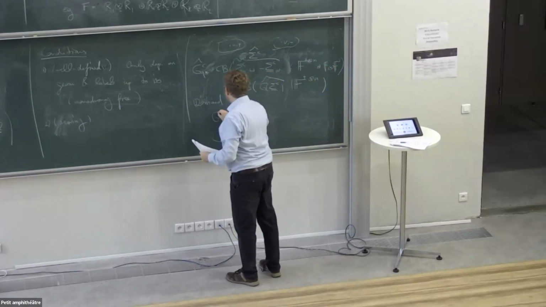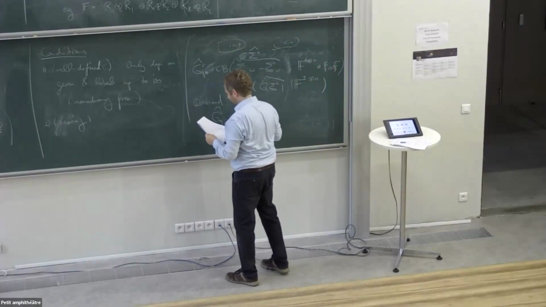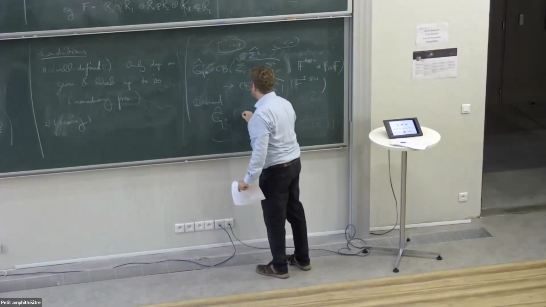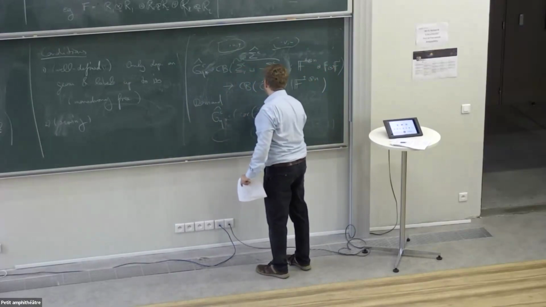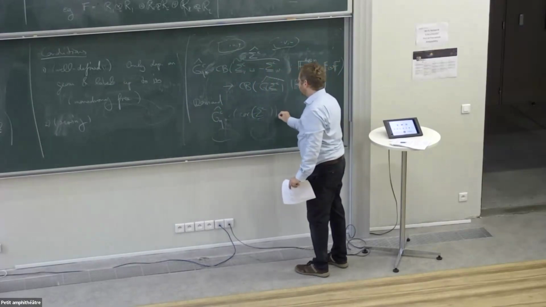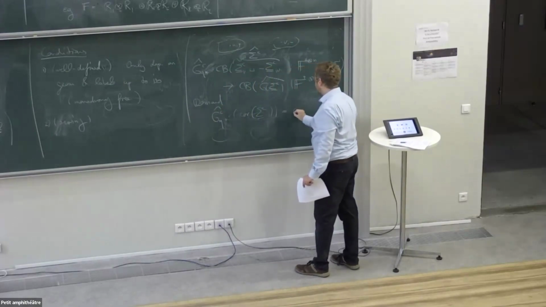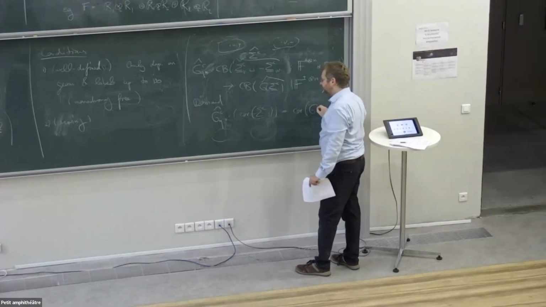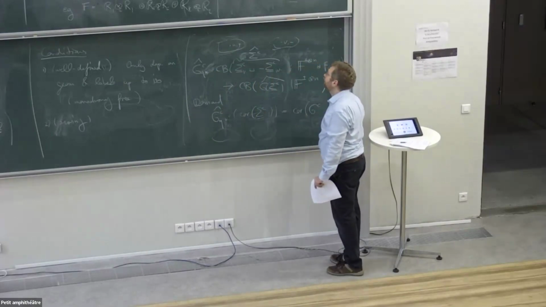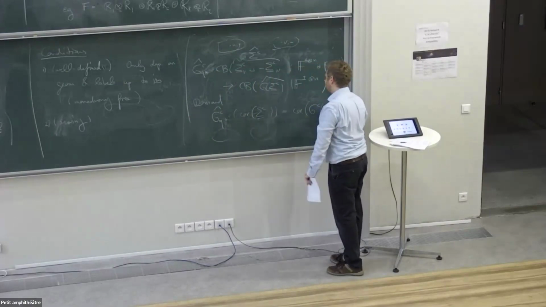So if I take this gluing operation and apply it to the correlator for the surface sigma, then this has to be the same as the correlator for the glued surface.